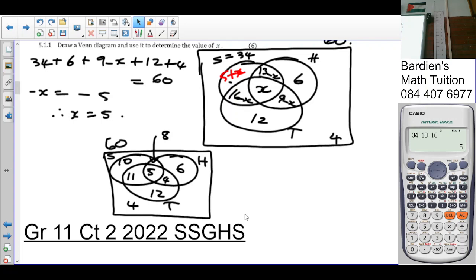So you say my question should read something different to what I got. It says draw a Venn diagram and use it to determine the value for x. Then I should say, then redraw the Venn diagram final, or draw the final. To me, it just didn't make sense.